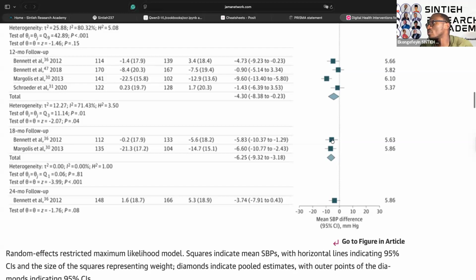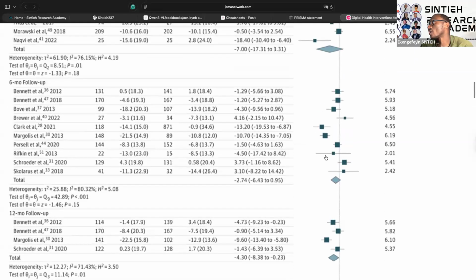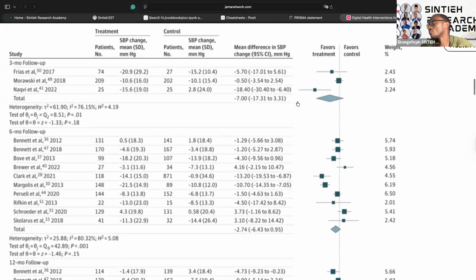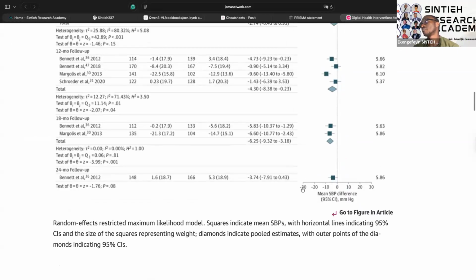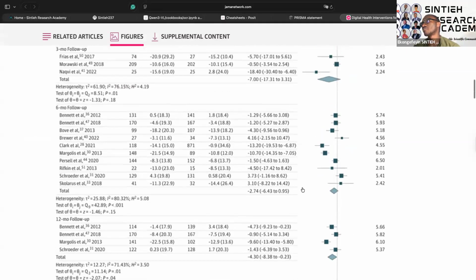And we see that the two studies at 18 months had a relatively larger sample size, 103 and 133. Their confidence intervals were very short compared to these other studies which had very wide confidence intervals. So that's how you interpret the forest plot. I mean, that's it.